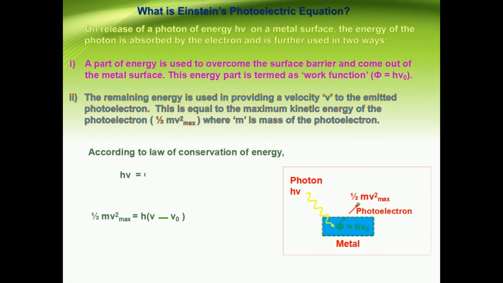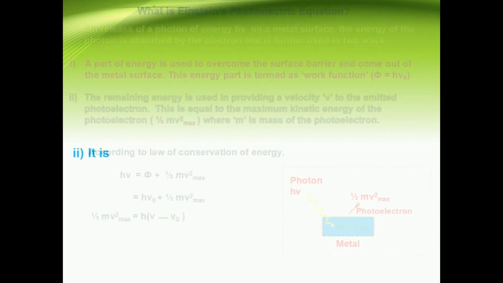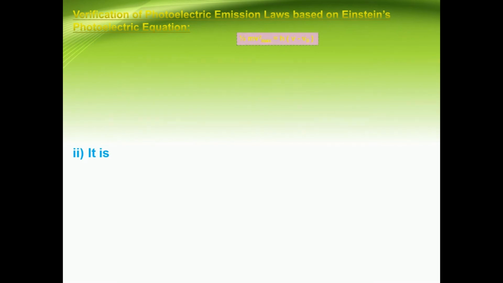If v is lesser than v naught, then half m v square max is negative, which is not possible. Therefore, for photoelectric emission to take place, v must be greater than v naught. As one photon emits one electron, the number of photoelectrons emitted per second is directly proportional to the intensity of incident light.